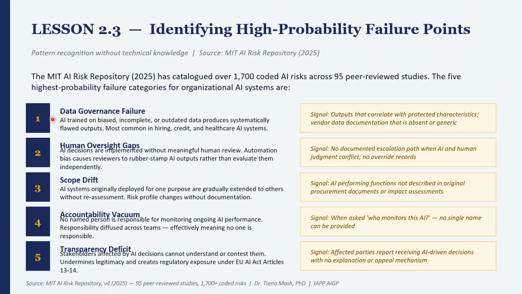The observable sign would be outputs that correlate with protected characteristics, race, gender, age, postal code, in ways that cannot be explained by legitimate job-related or credit-related factors. Another sign is vendor data documentation that is absent or generic. If you ask a vendor that provides this AI system for your HR where their training data came from, and the answer is vague, that is a signal.